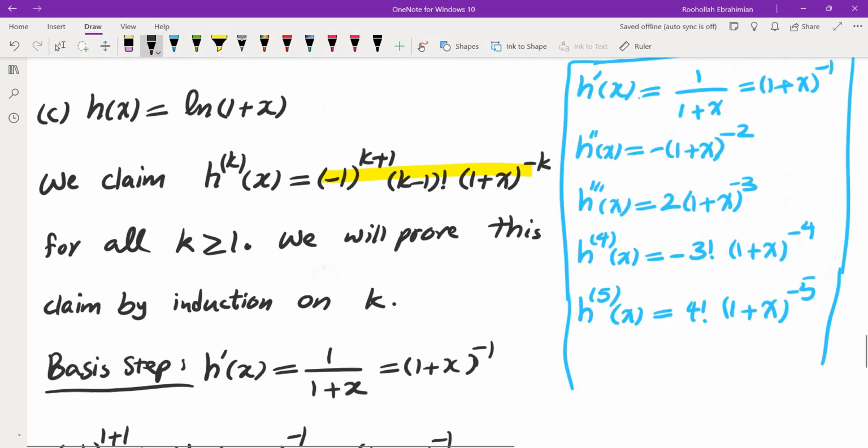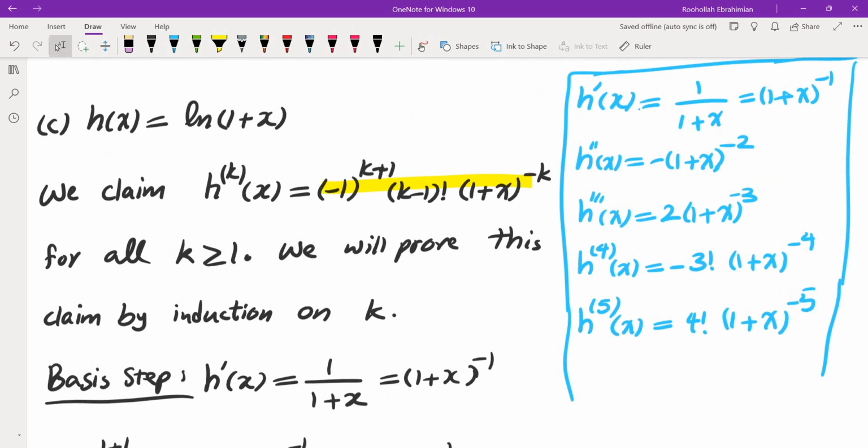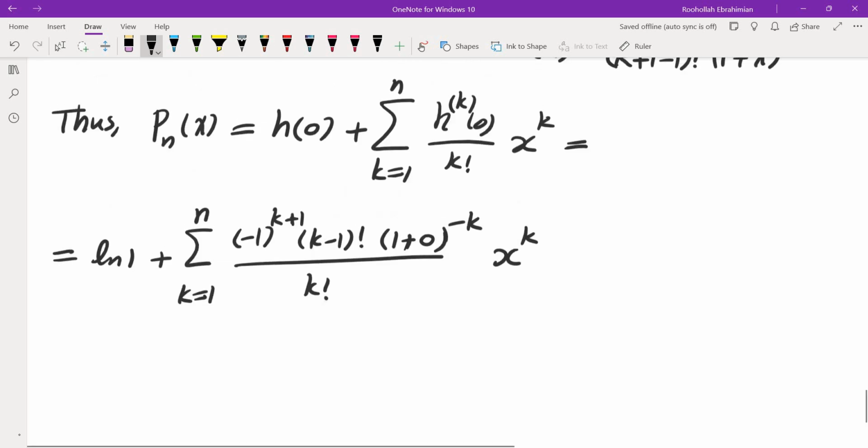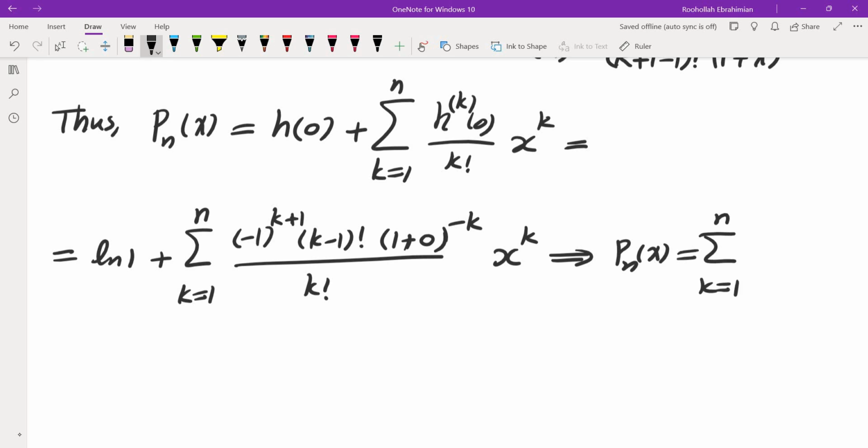So let me go back and take a look. Negative 1 to the power of k plus 1, k minus 1 factorial. Yeah, so that's what I get. This one is from 1 to n. So now after simplifying, ln of 1 is 0. So what we end up getting is the sum k equals 1 to n.